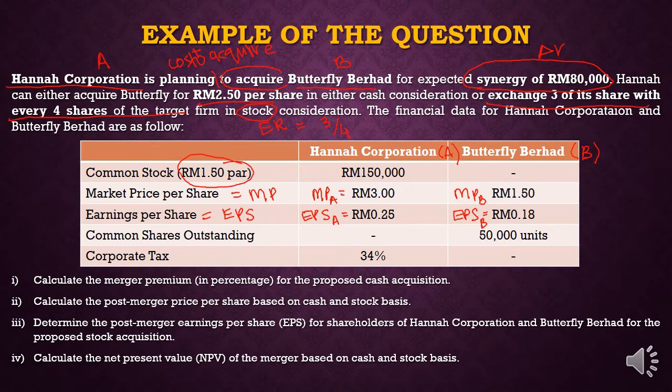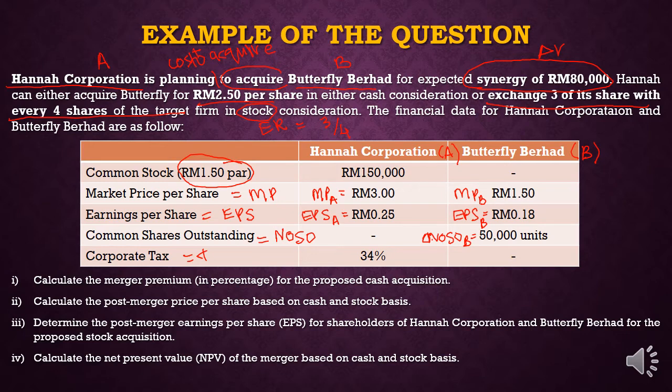Next is the common share outstanding, represented by NOSO. NOSO for Hana Corporation is not directly given in the question, but NOSO for Butterfly Berhad, NOSO B, equals 50,000 units. And the corporate tax for Hana Corporation is 34%.